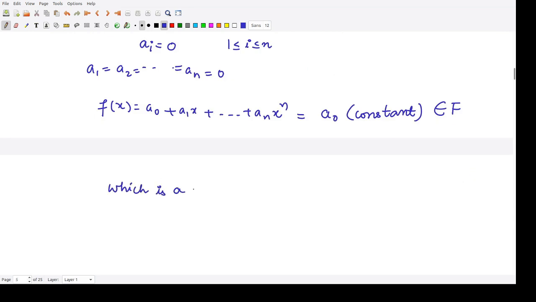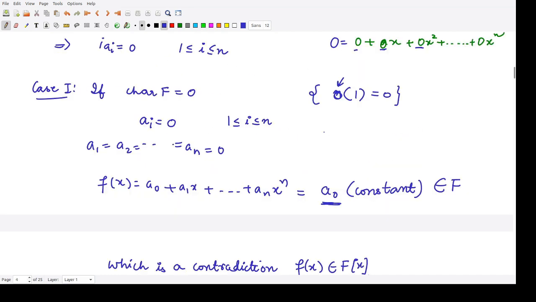Why? This is a contradiction because this f(x) belongs to F[x]. This is a polynomial and it is not a single scalar number. So in this case we have a contradiction.